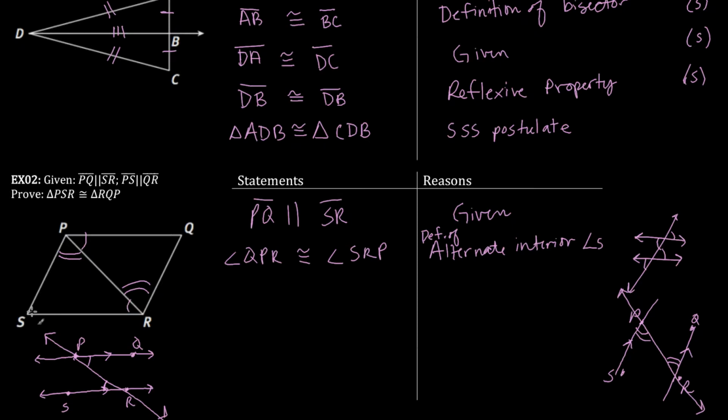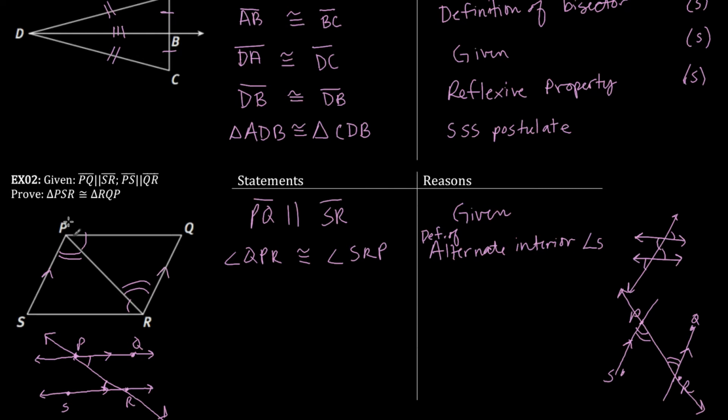But we also know that SPR, oh, before we say that, let's back up for a second. It's a little weird, right? We got this one right here from PQ and SR. We got these angles from these parallel lines.